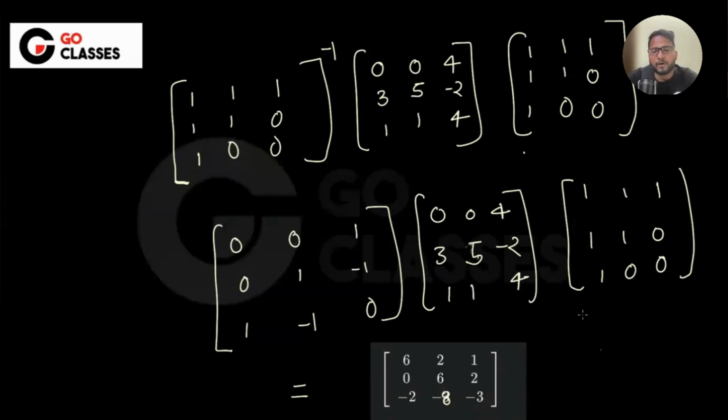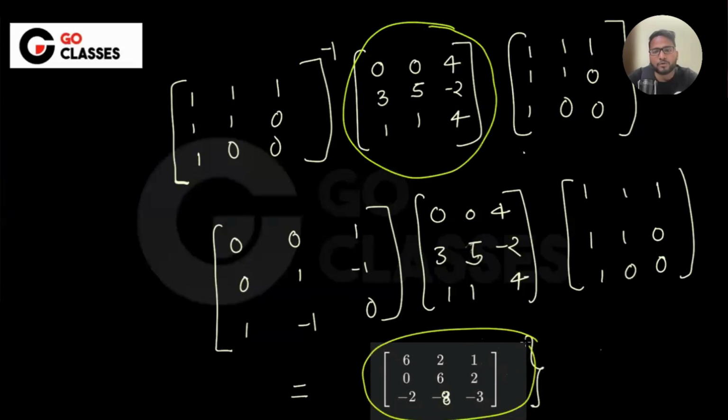Okay, so if you multiply all of these matrices, you will be getting this, right? This is your answer. So finally, this particular matrix that we have got and the matrix that we have started with, what is the difference between these two matrices? Are both doing the transformation? Yes, both are doing the transformation, but these two matrices are almost similar with just one difference.